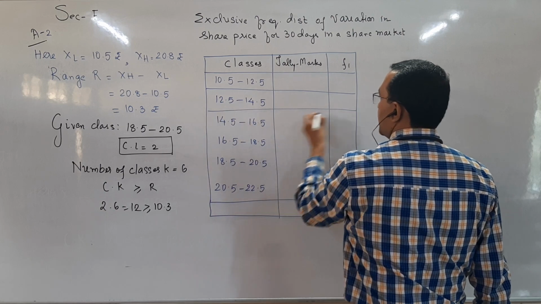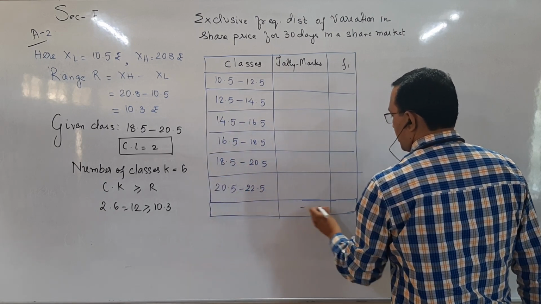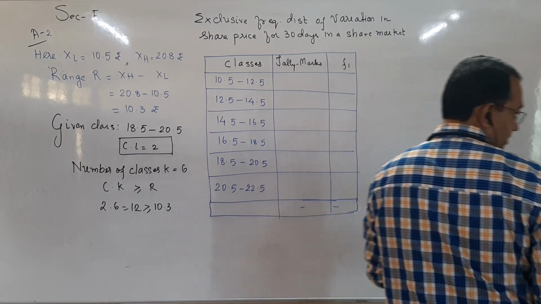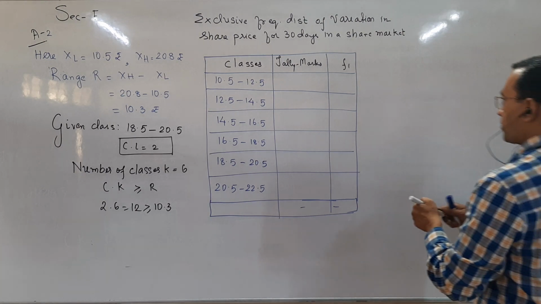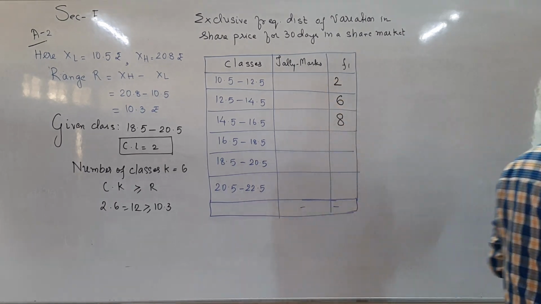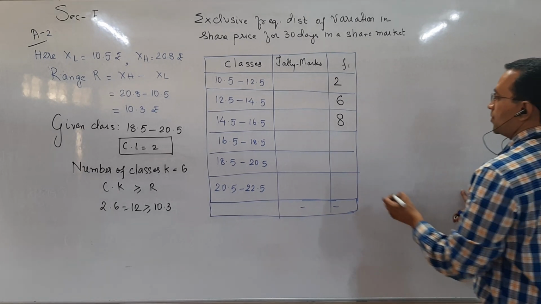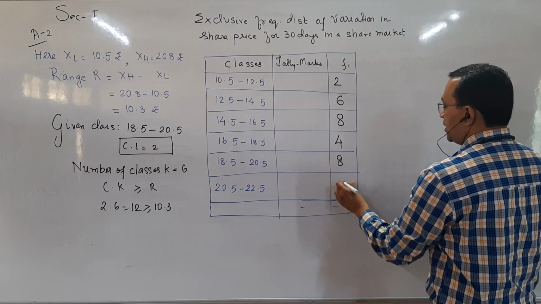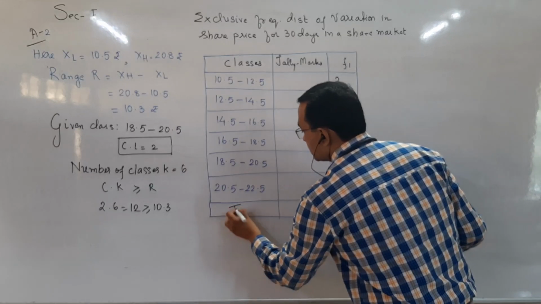Now, students, tally marks, all of you can do on your own. So I am directly writing the frequencies, and the frequencies are 2, 6, 8, 4, 4, 6, and this total comes out to be 30.